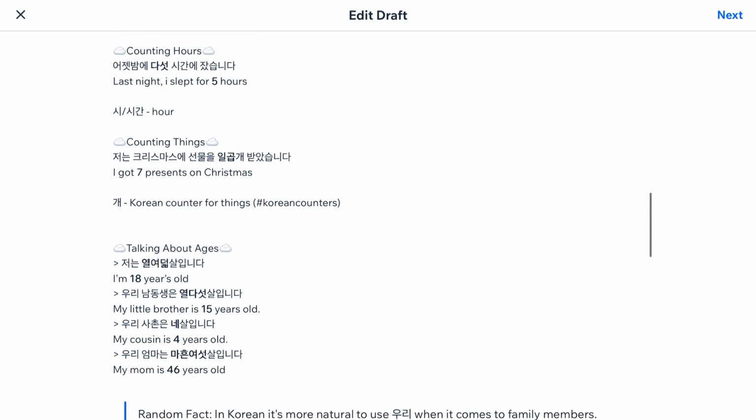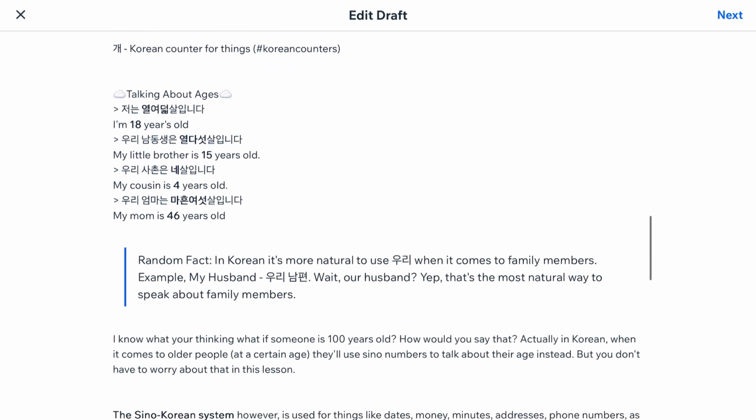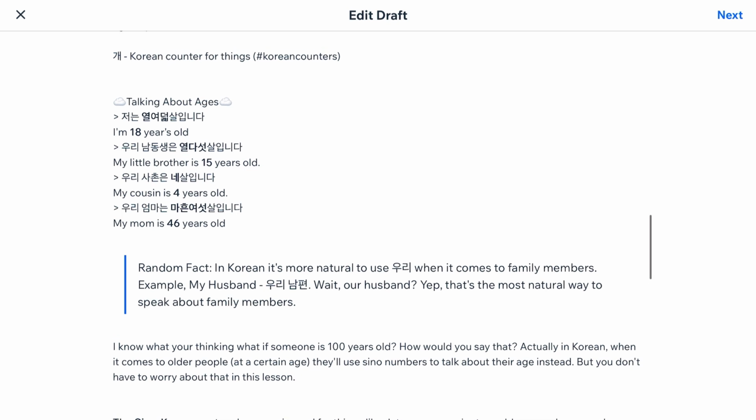And then, of course, talking about ages. So, I'm 18 years old. 저는 18살입니다. So, 살, counter for age. 우리 남동생은 15살입니다.